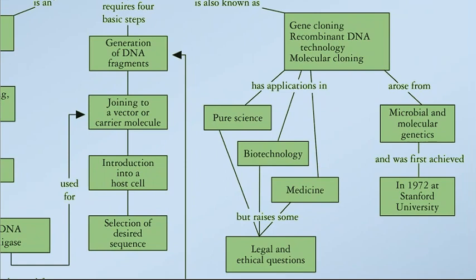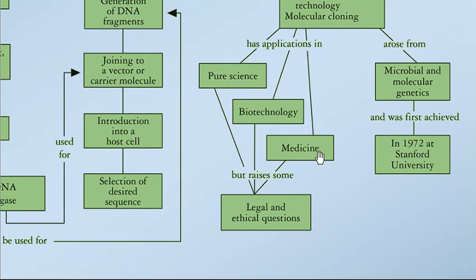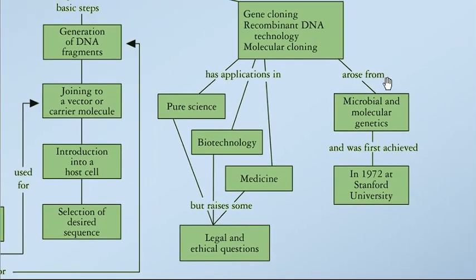So that has application in pure science, biotechnology, and medicine, and raises legal and ethical questions. It arose from microbial and molecular genetics and was first achieved in 1972 at Stanford University.